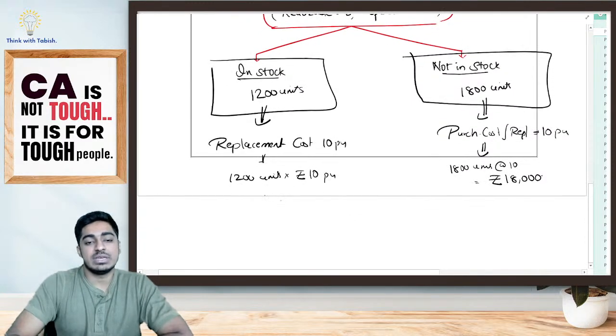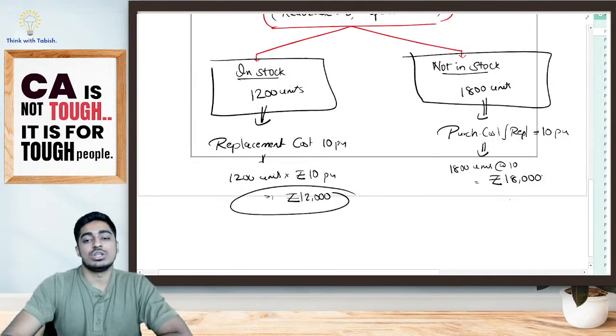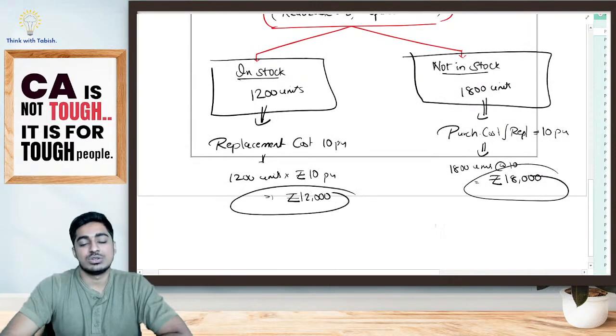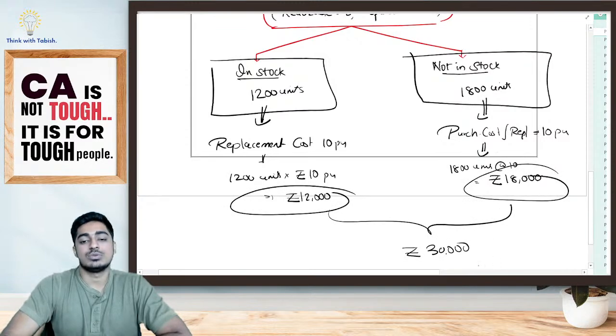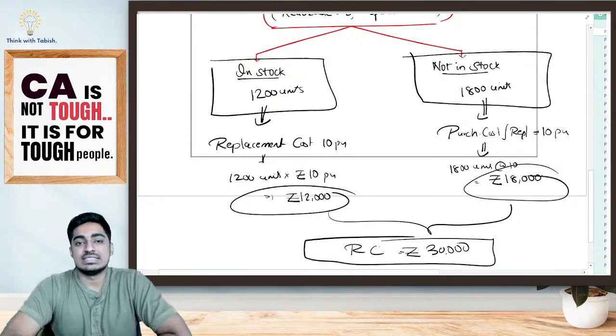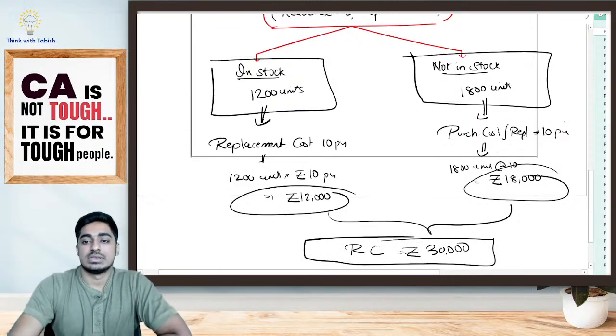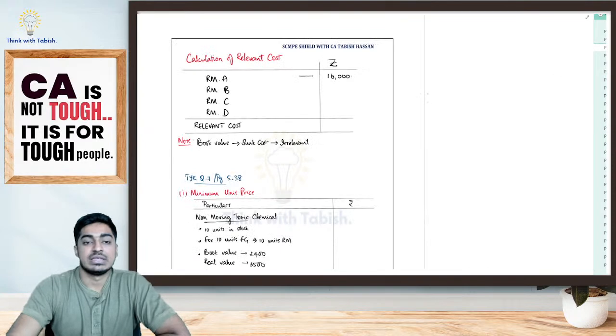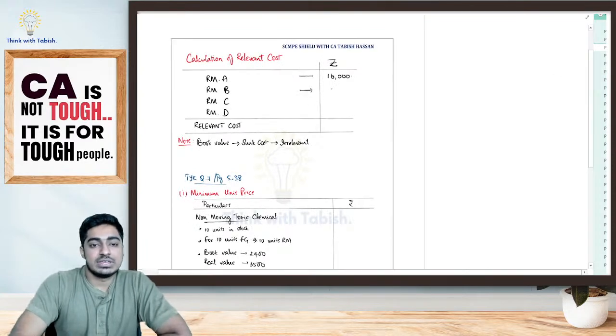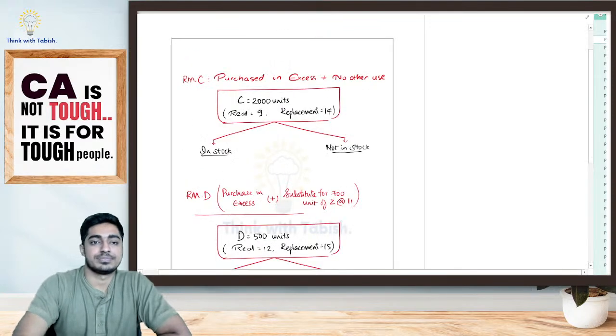So how much will I be incurring, students? 12,000. So all in all, how much am I incurring, students? 12 plus 18, 30,000 rupees will be the relevant cost. Is it clear? Yes, so for raw material B, the relevant cost is going to be 30,000 rupees.